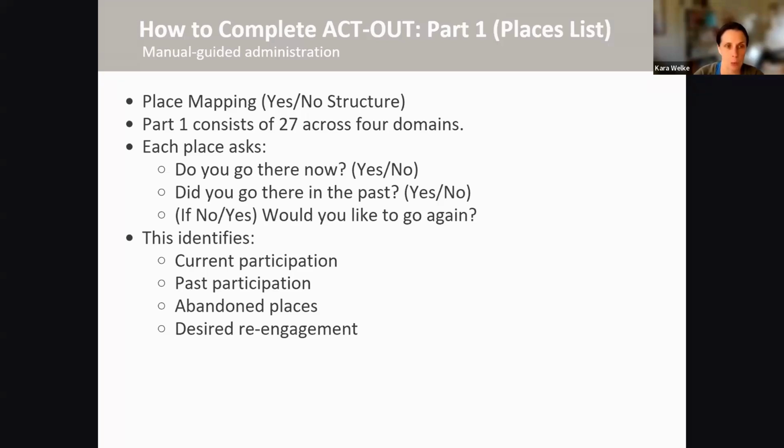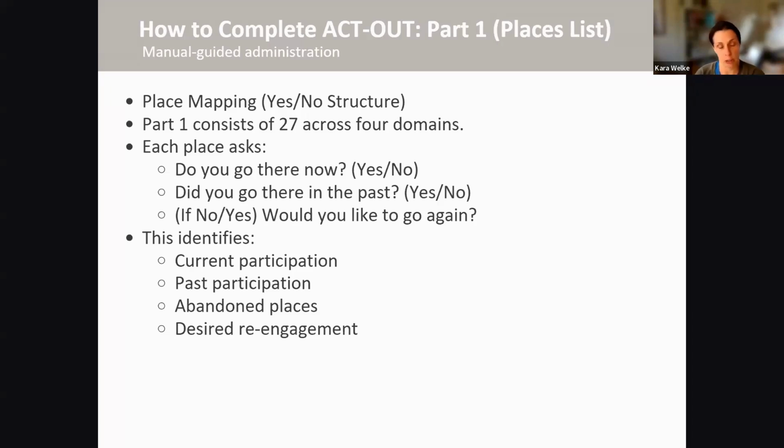Basically, part 1 has 4 different domains, and it asks about different locations in each of the domains. It asks, do you go there now? Like, say, the grocery store. Do you go to the grocery store now? They answer yes or no. If they answered no, then you ask, did you go there in the past?